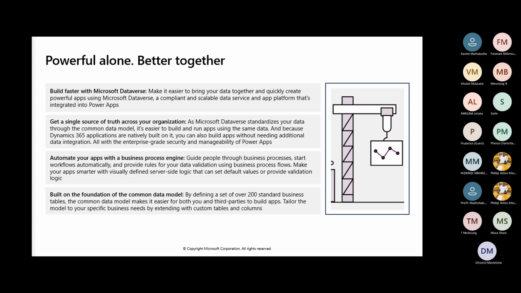Now, by defining a set of over 200 standard business tables, the common data model makes it easier for both you and third parties to build apps. Tailor the model to your specific business needs by extending with custom tables as well as columns.